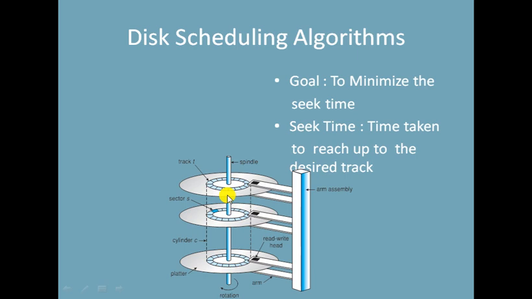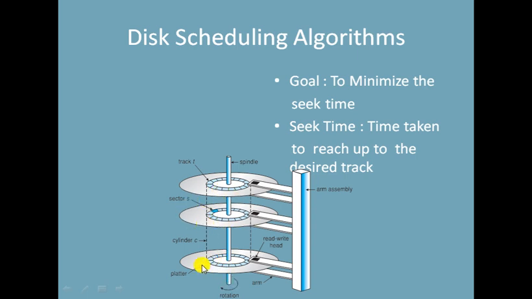You know how a CD looks, right? If you put 5 or 10 CDs one by one, that is what the hard disk looks like. In this diagram there are 3 disks.